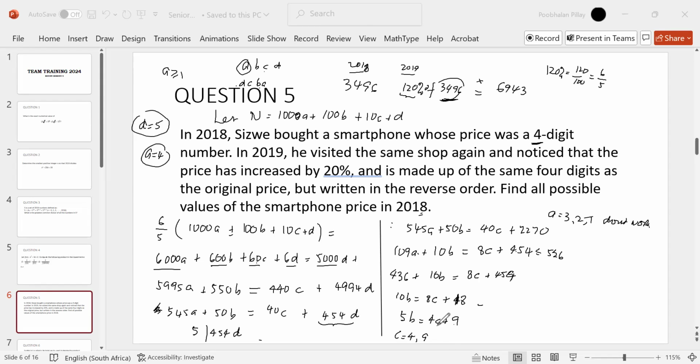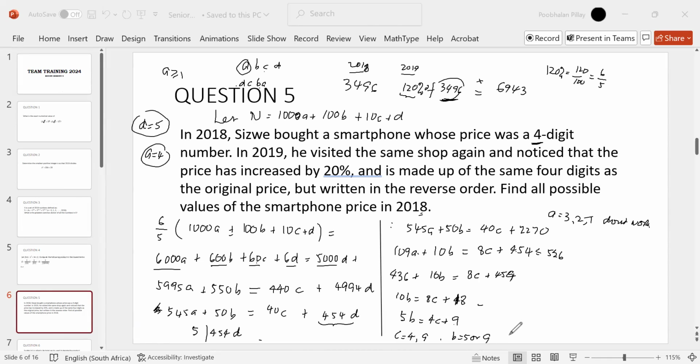None of the others work because you need to get a multiple of 5. This is a multiple of 5. So how do you get a multiple of 5? When you put C equals 4, you get 16 plus 9. And when you put C equals 9, you get 36 plus 9. So C equals 4 or 9. And then B will be 5, or 9.